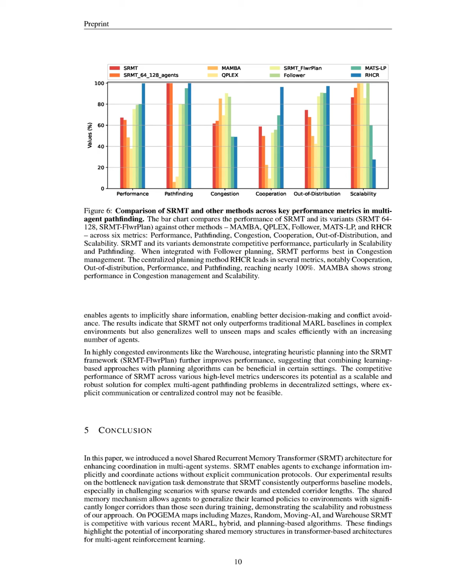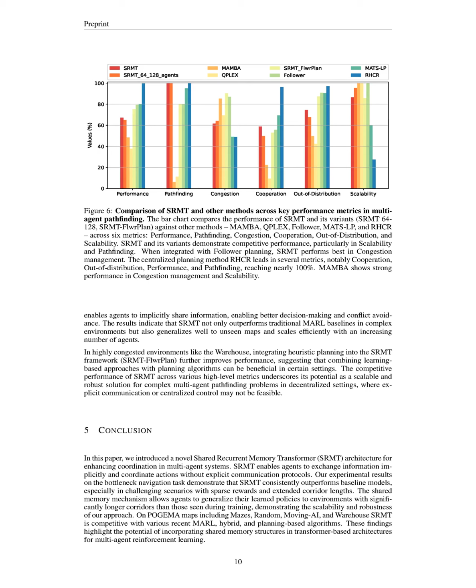Practically, SRMT consistently outperforms traditional MARL baselines in complex environments, as evidenced by its superior performance in the bottleneck navigation task and its ability to maintain high cooperative success rates, CSR, even in challenging scenarios with minimal feedback.